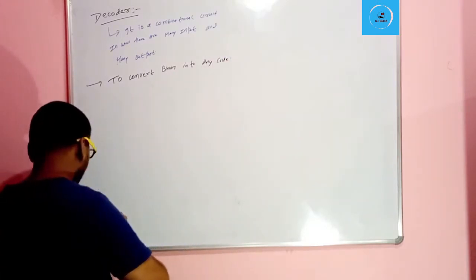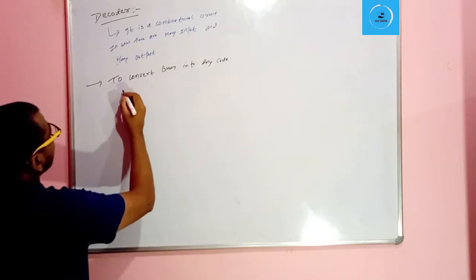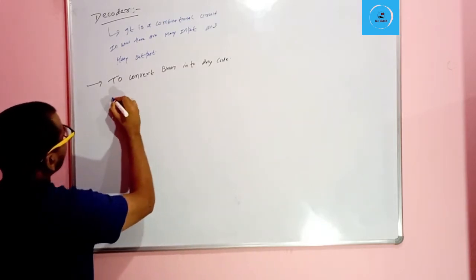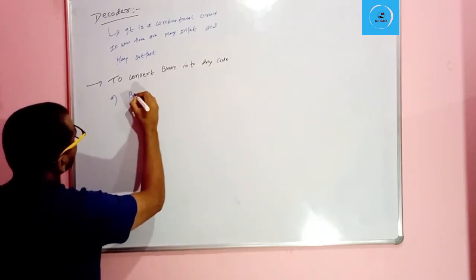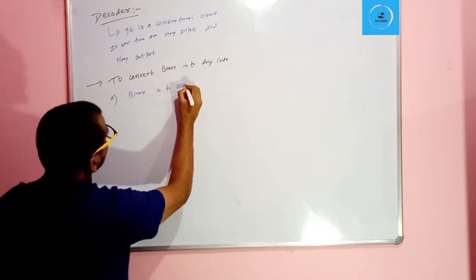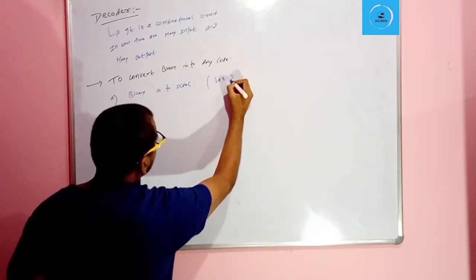For example, we can use the decoder to convert binary into octal. To convert binary into octal, we use a 3:8 decoder.